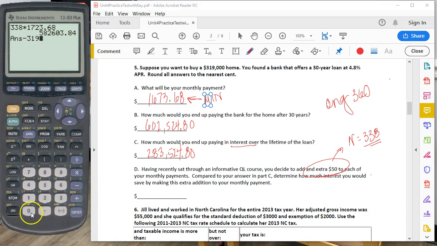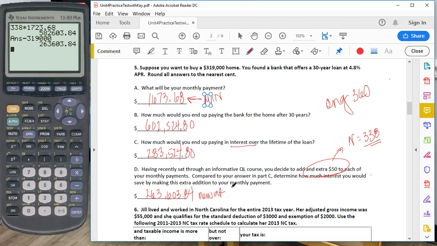Now my interest that I'm paying back is $263,603.84 compared to what I had before. I'm going to say new interest.